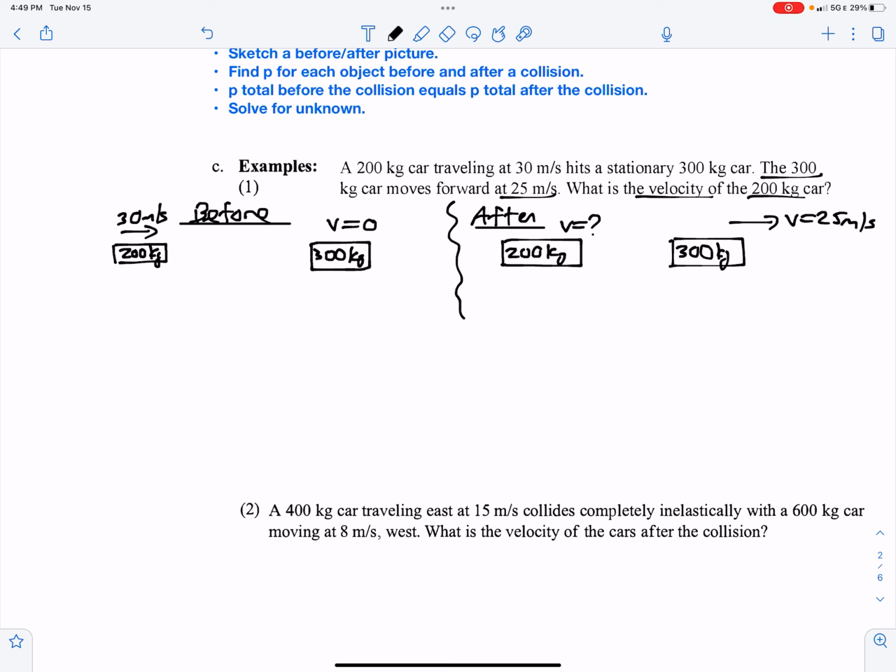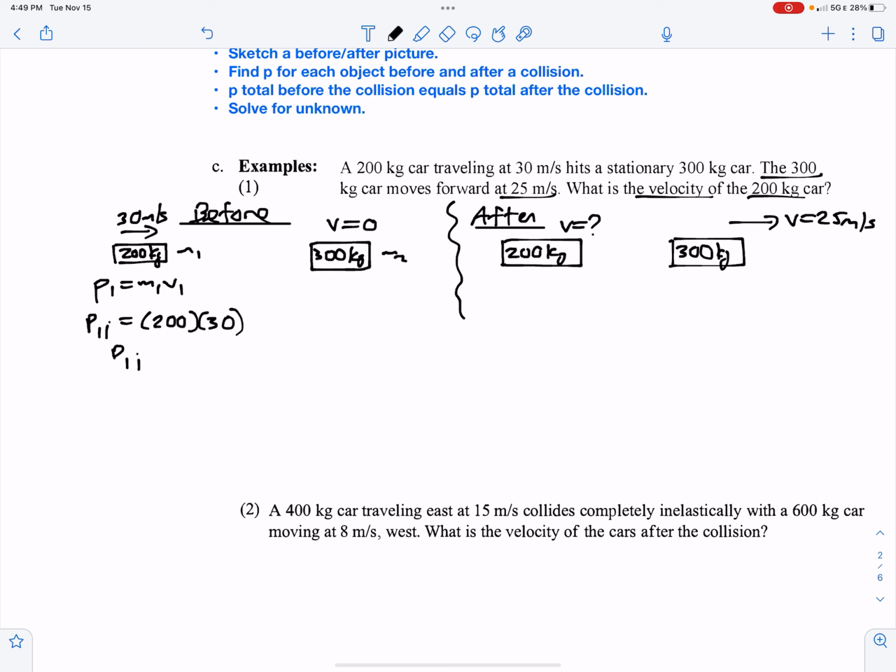So let's figure this out. The momentum, I'm going to call this mass 1. We're going to call this mass 2. So P1 is going to be M1 times V1. So P1 initial, because it's before collision, is equal to 200 times 30.